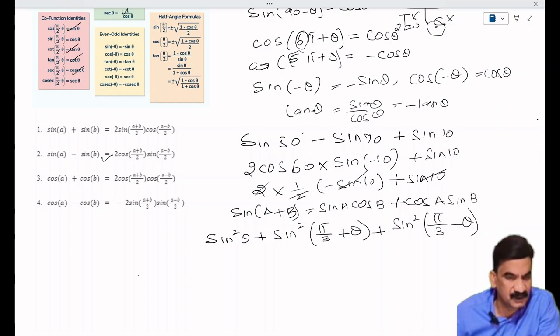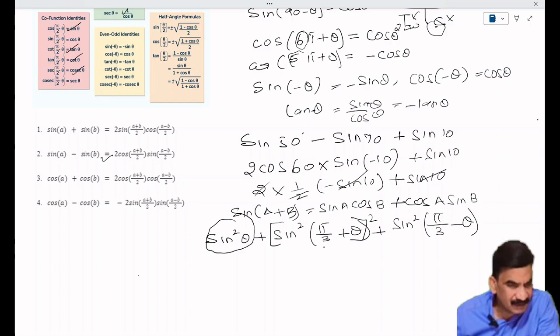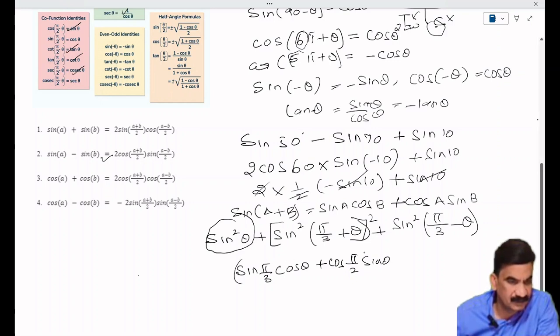So do you spot some similarity? What is it that I'm trying to get at? I'm not going to touch this. This will remain as such. But this is basically, it means this, right? So I can write the inner term as sine pi by 3 cos theta plus cos pi by 3 sine theta, squared.